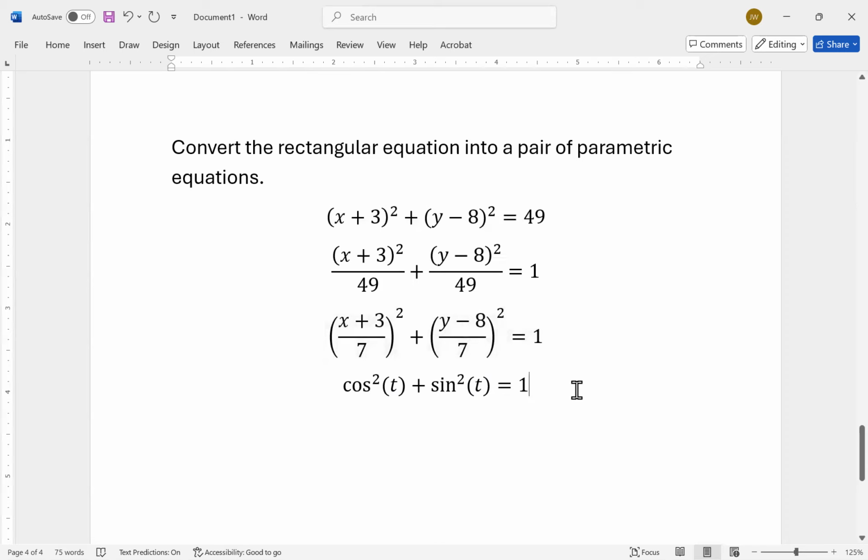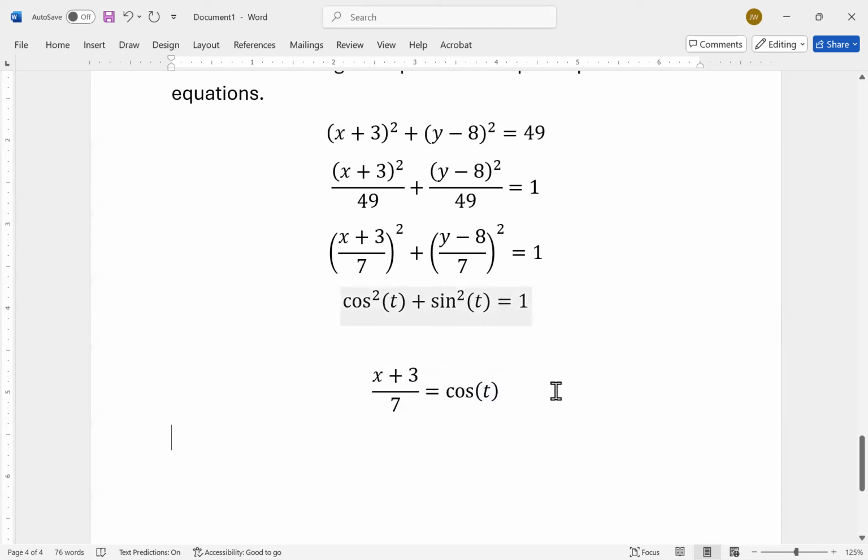And that's because of the relationship to the unit circle. And all we have to do then is say, because of this, I'm going to set x plus 3 over 7 equal to cosine. And I'm going to set y minus 8 over 7 equal to sine.